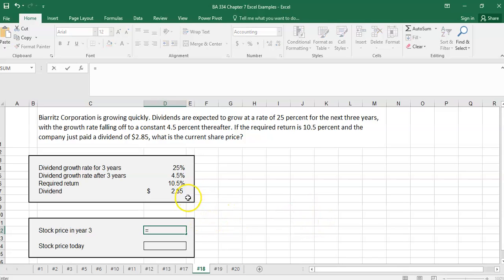So we have the dividend times 1 plus the growth rate for 3 years.